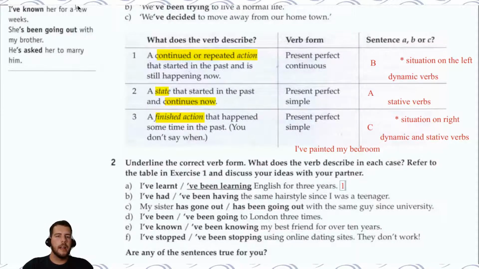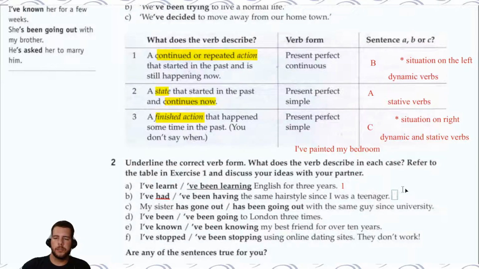Okay. Now letter B. I've had the same hairstyle since I was a teenager. In this case, it's not a finished action, it is a state. I've had. Have can be stative or dynamic, but in this case, it is stative.